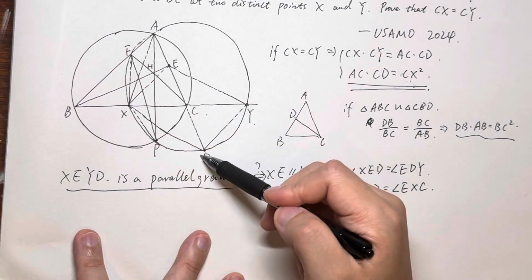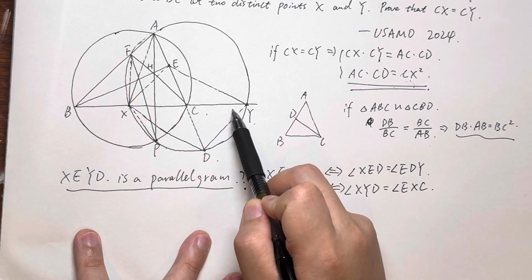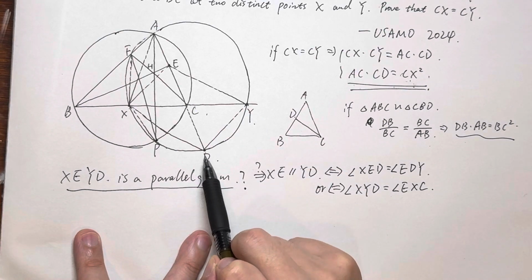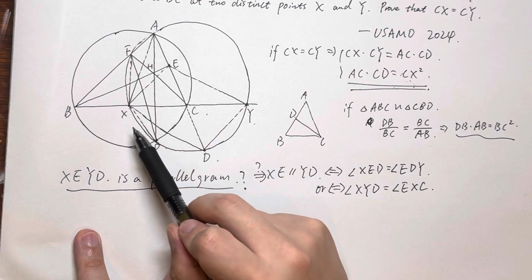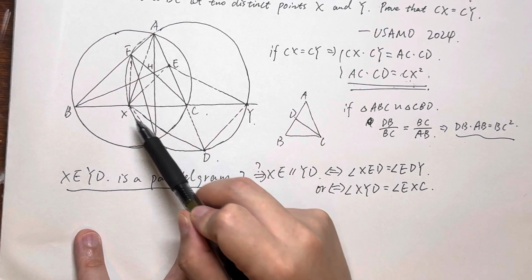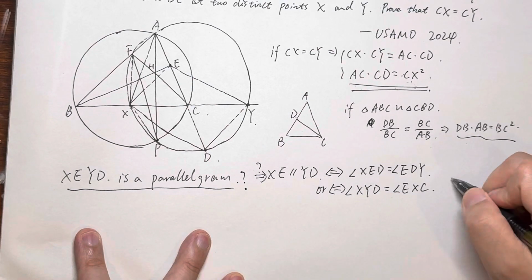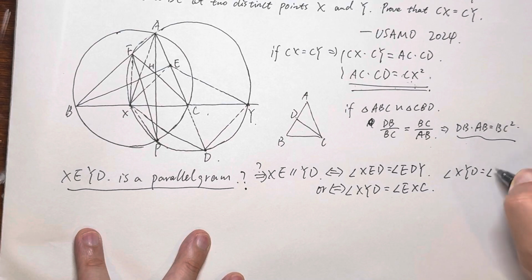If we want to prove that these two lines are parallel, we can use that angle XYD equals angle EXY. And we already know that angle XYD equals angle XAD, right? We know that angle XYD equals angle XAD.